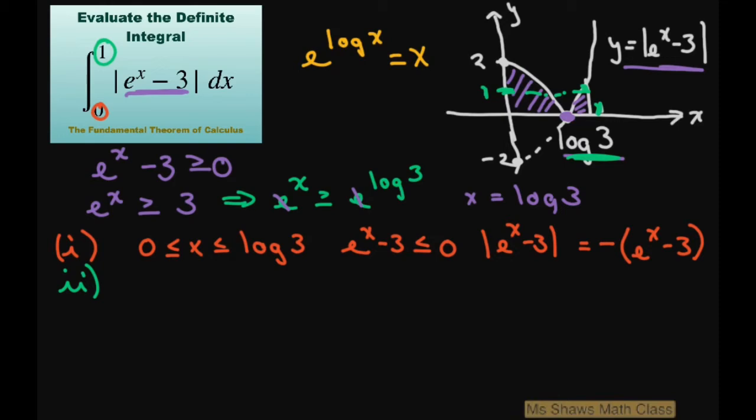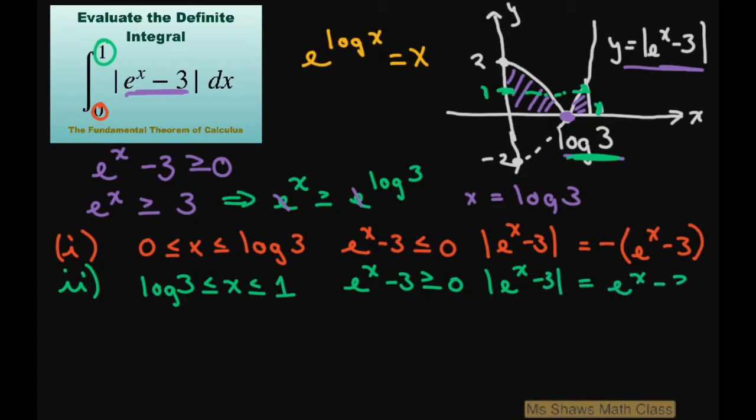So for x, we have log of 3 is less than or equal to x is less than or equal to 1. Then e to the power of x minus 3 is greater than or equal to 0, so the absolute value of e to the x minus 3 is just going to equal e to the power of x minus 3.